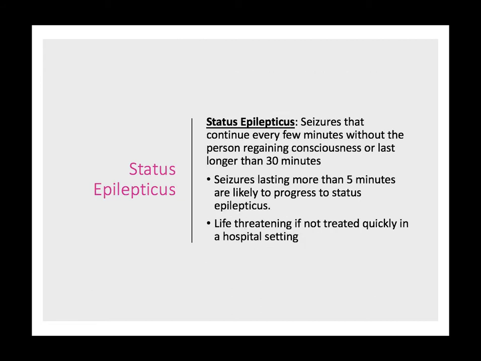Status epilepticus are seizures that are going to continue every few minutes, or just continuous seizures, more than 5 minutes long, sometimes longer than 30 minutes. If somebody is in a seizure for 30 minutes, they are definitely not getting the oxygen that they need to their brain.